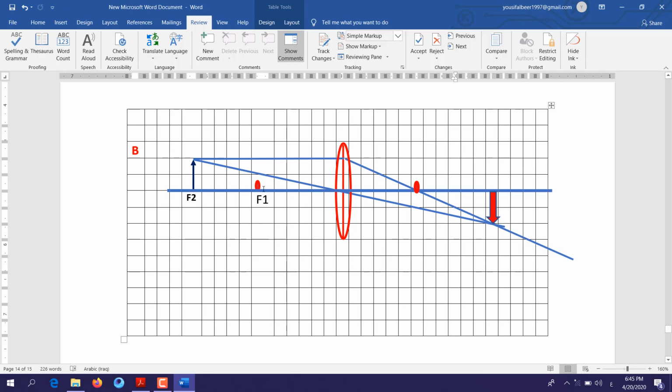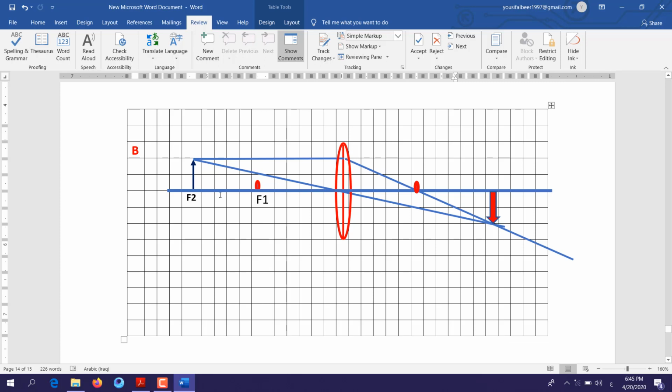For example, if the distance from F1 to the center is 5 centimeters, count 5 centimeters again on the other side, and then you will have F2. At this point, F2 or principal focus 2, the size of the image will be the same, and at the same time it will be real.